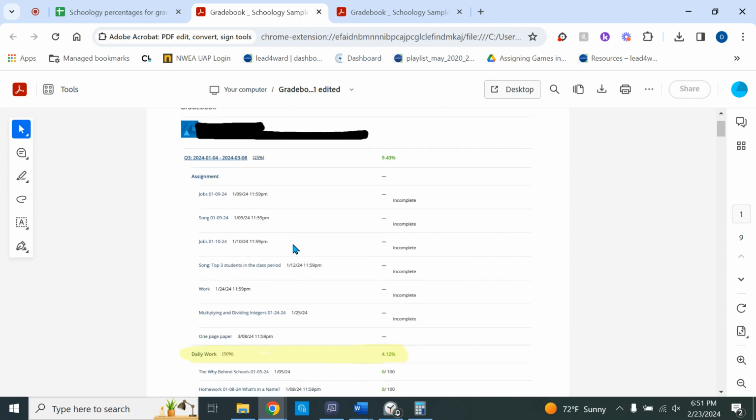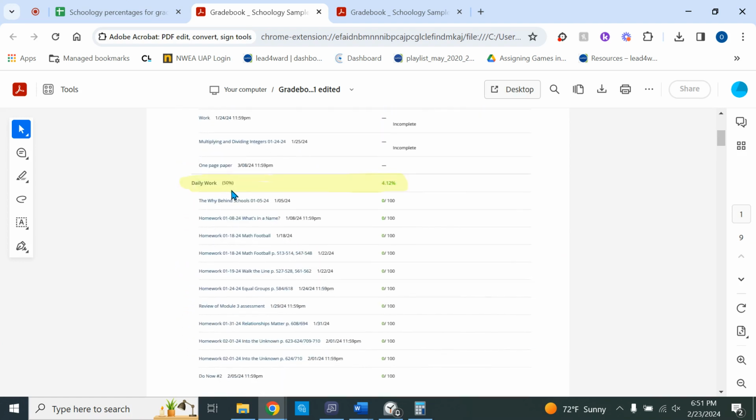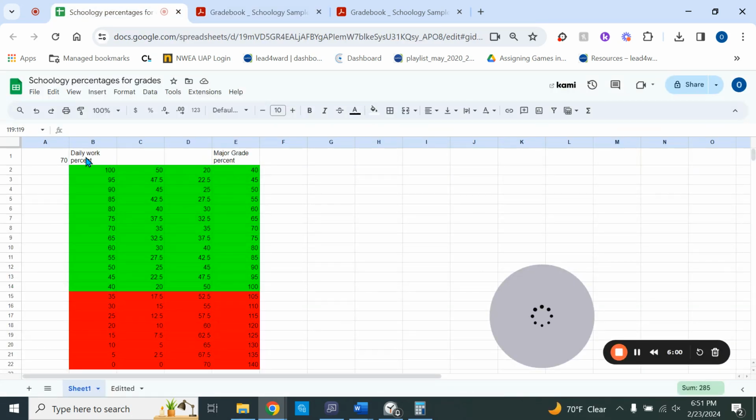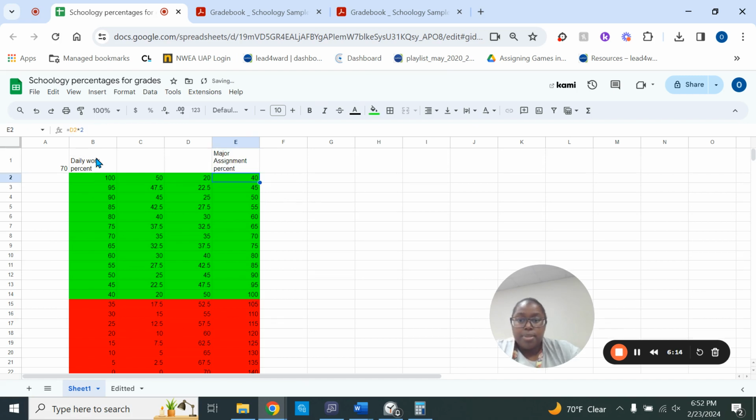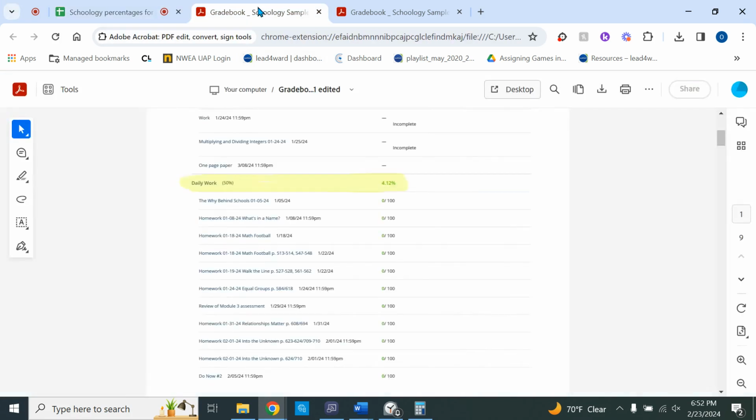Now, the first thing you will look at when you are doing this is daily works. Because remember, on here, there are 2. You have daily work and you have major assignments. I really need to change this. This is actually starting to hurt me a little bit. Major assignments. Okay, so major assignment percentage.